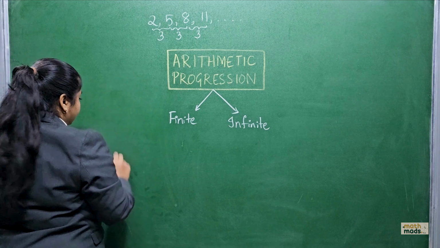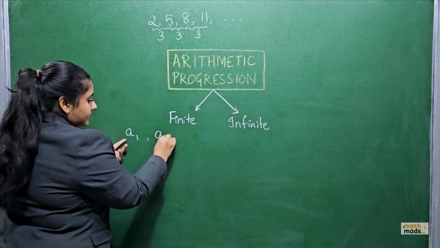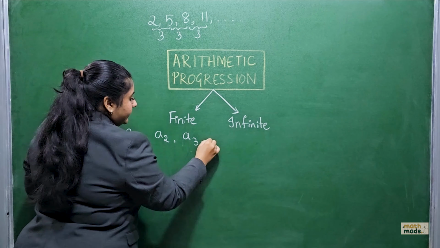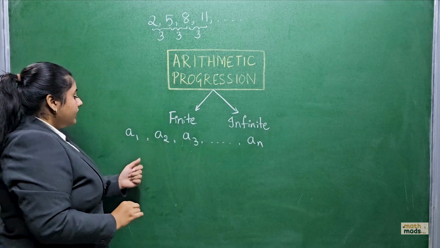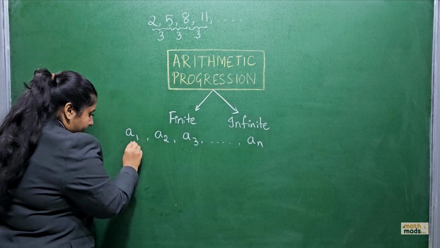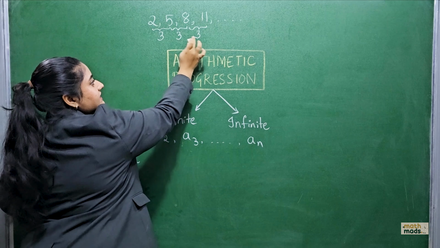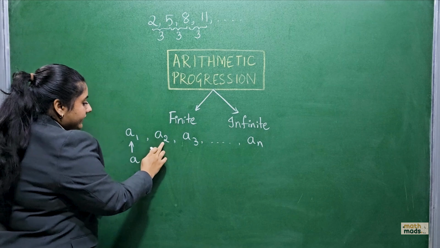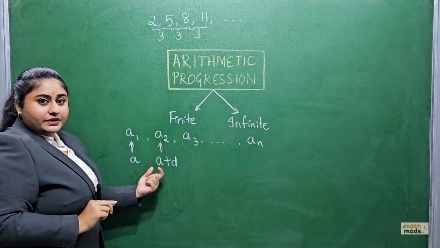Now let me take an arithmetic progression where my first term is a1, second term is a2, third term is a3 and so on. Let's say there is a general term an. Okay, then let me denote a1 as a, that is the first term by a. Let's say the common difference is d. Then I can write a2 as a plus the common difference, a plus d.